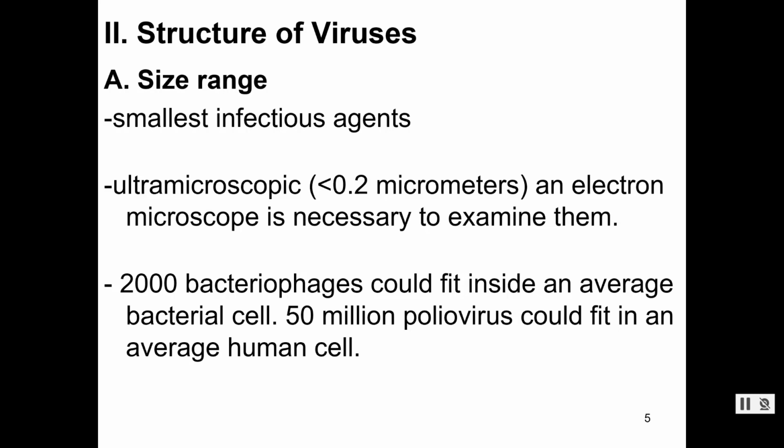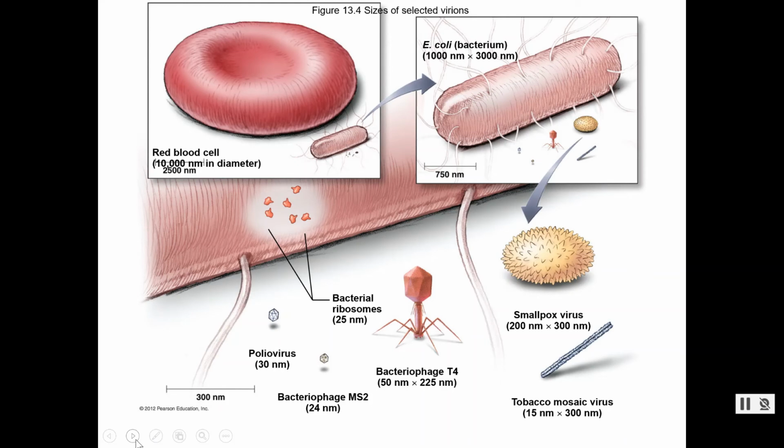You can't really see much other than a circle, if it's a coccus type of shape. You can put 2,000 viruses, bacteriophage, within that little bitty dot that's a bacteria cell. If you talk about a eukaryotic cell, they're much bigger. 50 million polioviruses, which granted are one of the smallest viruses, but still 50 million can fit inside a human cell.